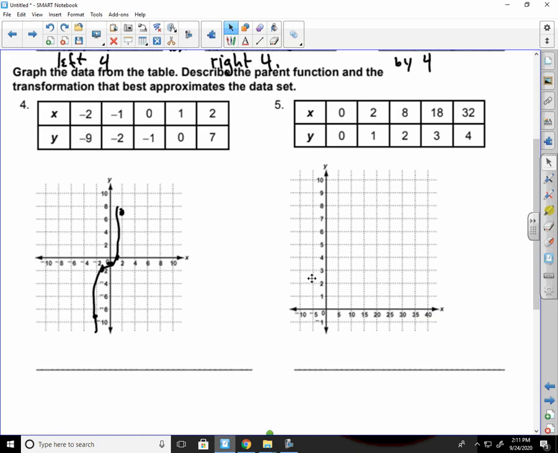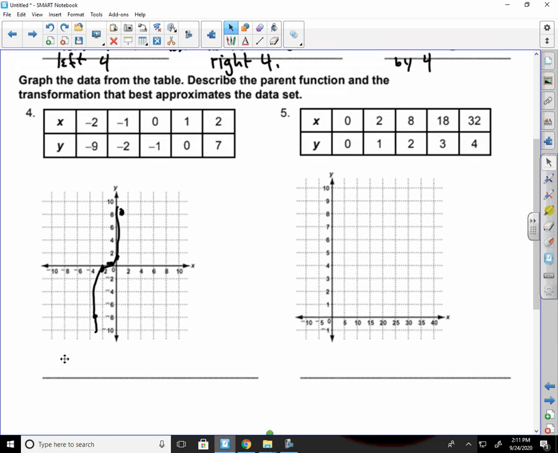So just by graphing it in Desmos, I can see that the transformation that approximates the data set is going to be a vertical translation. So parent function is a cubic with a vertical translation down 1 unit.